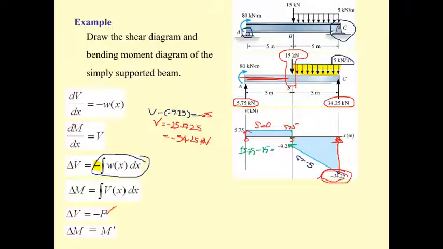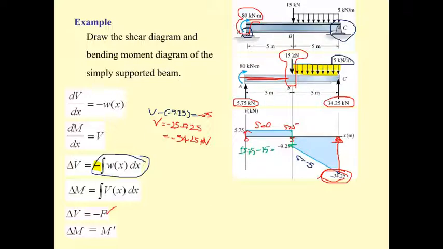This is the shear diagram, with the Vmax of 34.25. And then for the Mmax, and for the moment diagram, the C is going to have zero moment. However, at the A we have the 80 kilonewton meter, and if you consider the 80 kilonewton meter here, it's going to be clockwise.